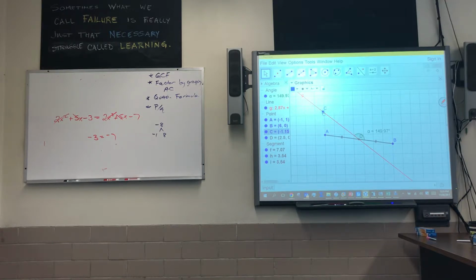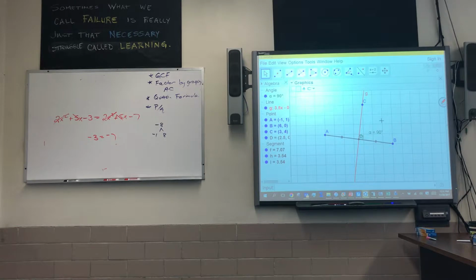The red line is a bisector, but it's not a perpendicular bisector, right? How many lines, of all these infinite number of lines that are bisectors to AB, how many of them are perpendicular? Just one. Okay, and that's the one right there, right? Beyond that, all these lines are no longer perpendicular. So we have only one perpendicular bisector, okay?